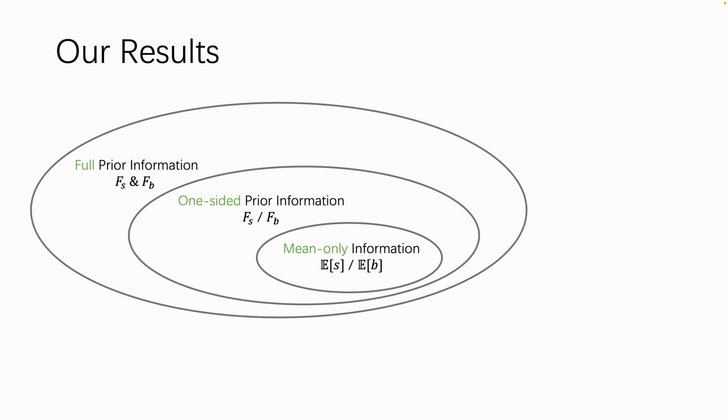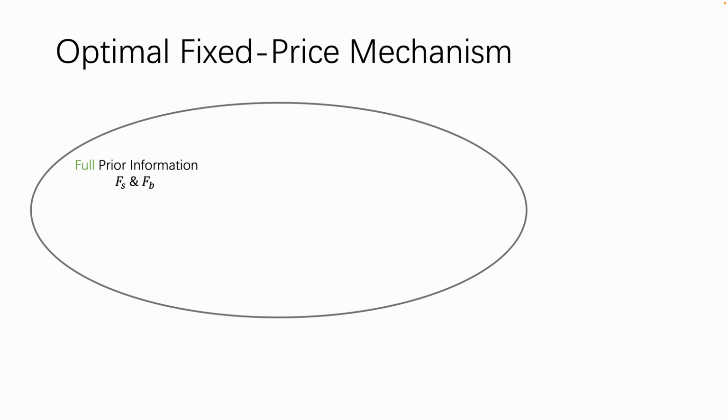Today, we will mainly focus on the left part, and in the remaining time, I will try to explain the high-level ideas behind these results. Good. So let us start with the full prior information setting. In this setting, the mechanism could see both the seller's and the buyer's distribution and also choose its price according to these distributions.